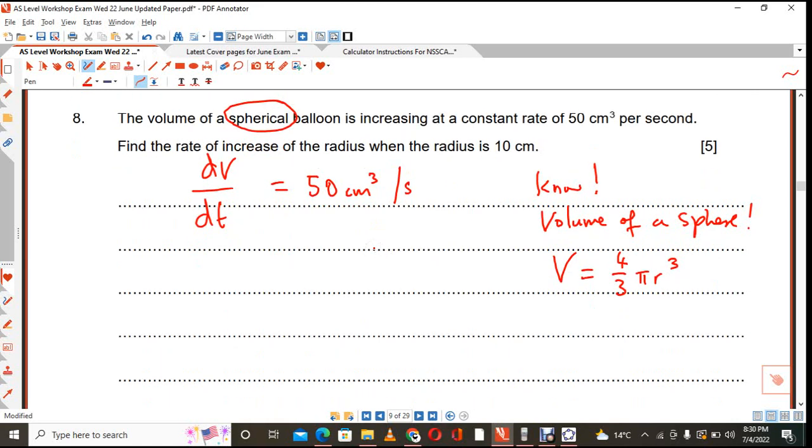I'm supposed to find dr/dt. That's what I need to find. Find the rate of increase when the radius is 10 centimeters. Okay, so we need to find dr/dt.